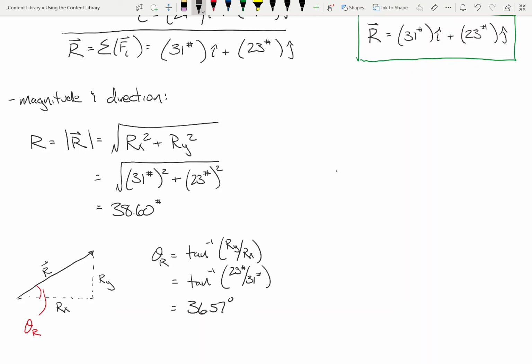So another way of writing this vector would be this.